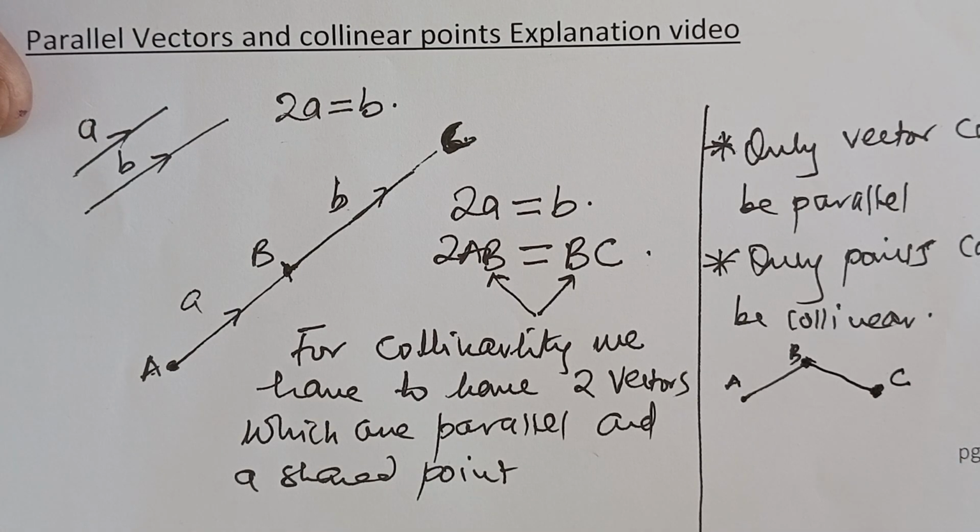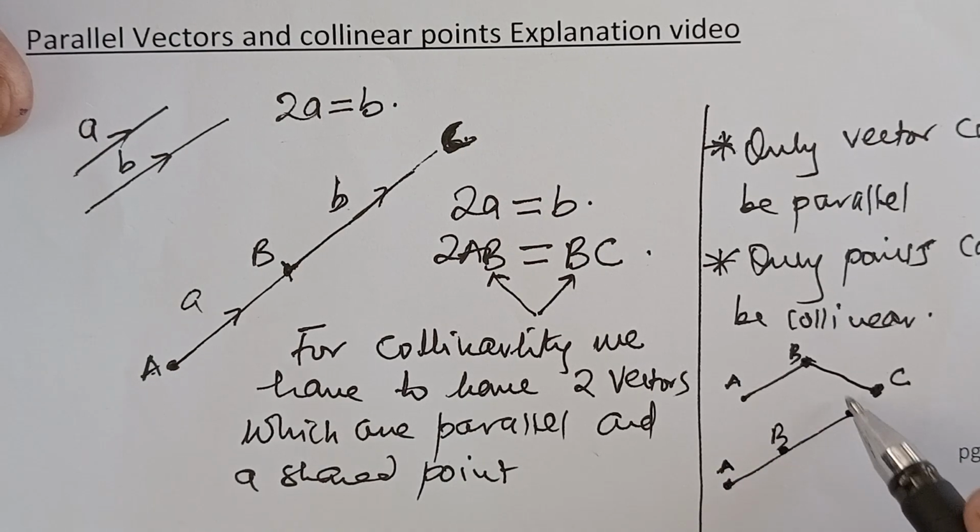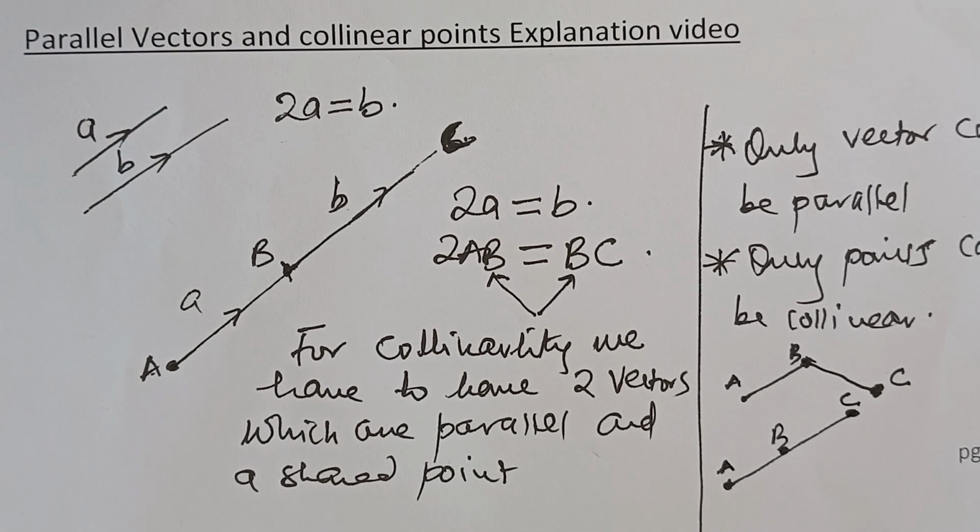Any 2 points can be said to be collinear, but not every 3 points are collinear. So at least the number of points that can express collinearity is point A, point B, and point C. At least 3 points to explain collinearity.